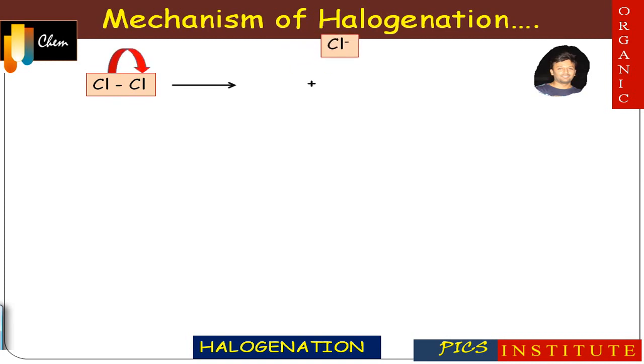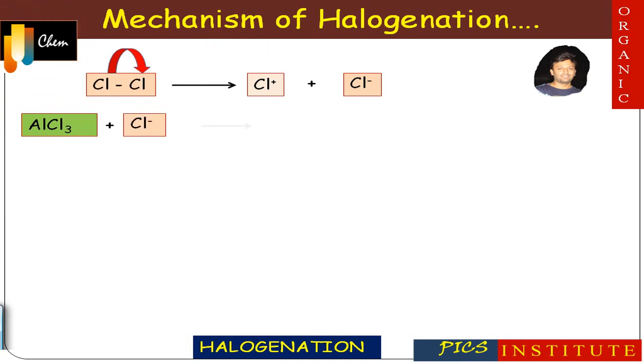Heterolytic bond fission results in the formation of cation and anion. Anhydrous AlCl3 gains the anion and in this way acts as halogen carrier. So for competitive examination, the function of AlCl3 is that it acts as halogen carrier.